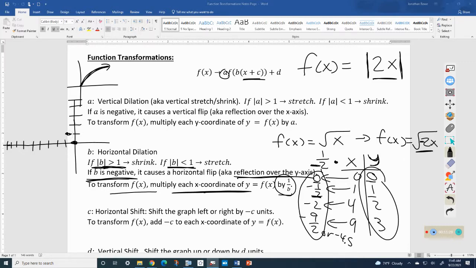Negative 2, 2. Negative 4.5, 3. Okay. So that's my new transformed function.